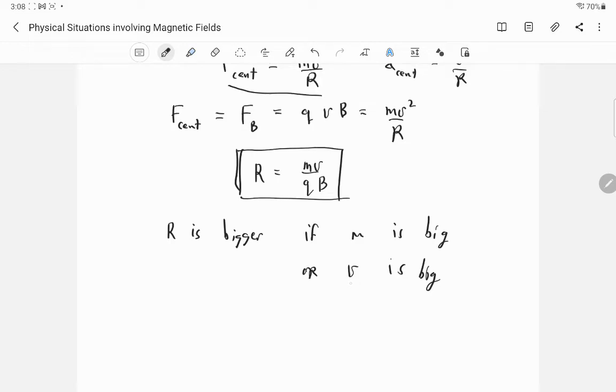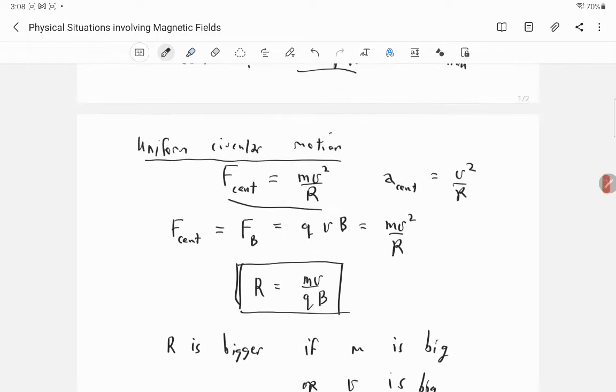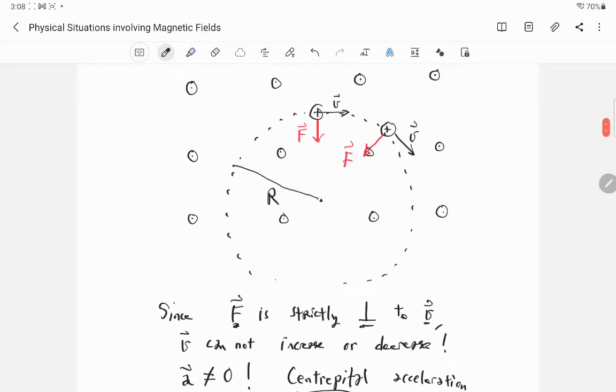And that makes sense. If your particle is moving faster, then a given magnetic field is not going to be able to divert or add motion perpendicular in a large way compared to how it travels.